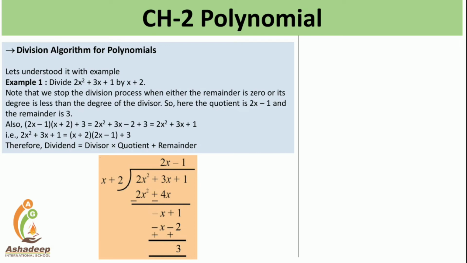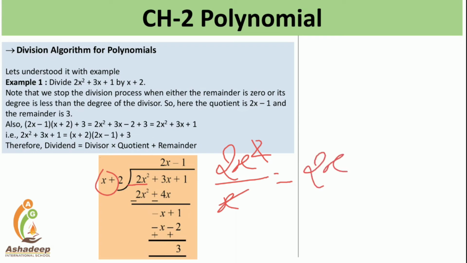The first step is, you need to write down 2x square divided by this x is equal to, so what is the answer? X and x cut, so the answer is 2x.